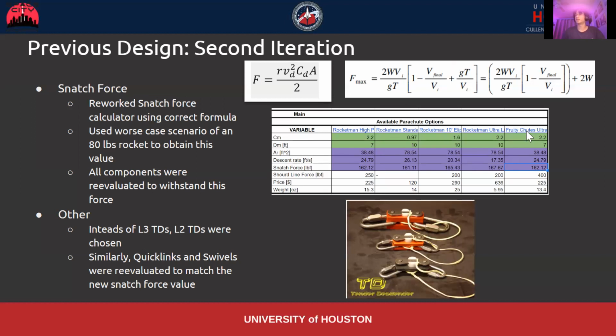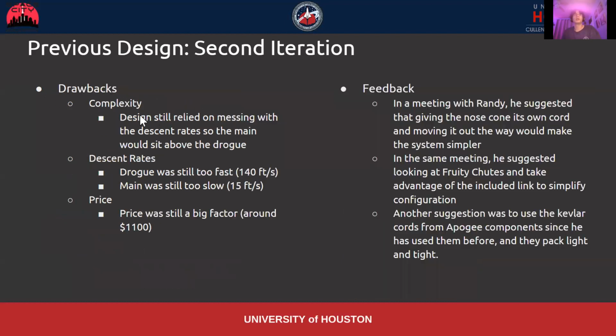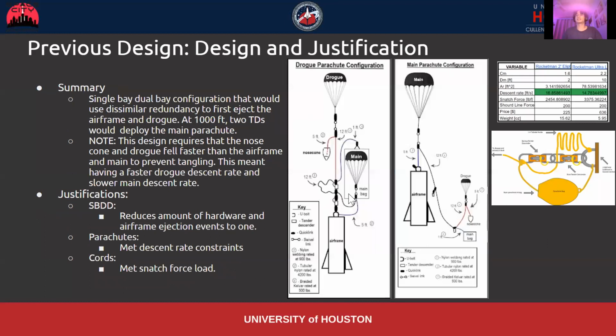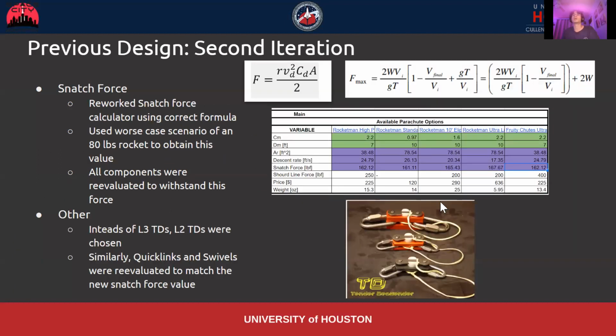And we ended up settling with the Fruity Chutes. And I'll talk more about why in a bit, but we still had the same configuration here. Up to this point, it was this exact same thing. It's just that our snatch force value had changed and we had changed all the components, but the configuration of the recovery system was still the same.